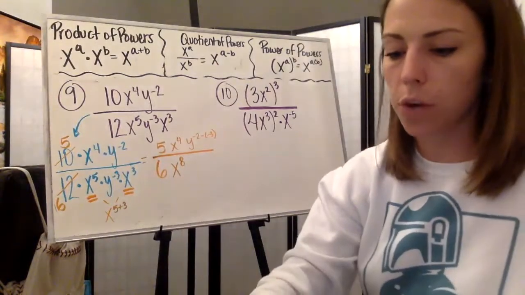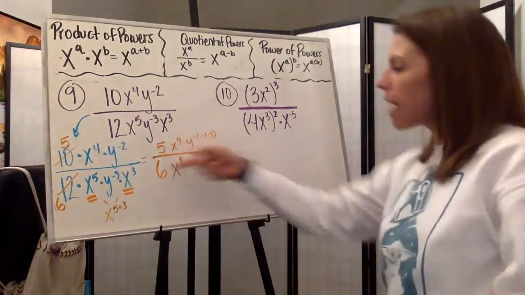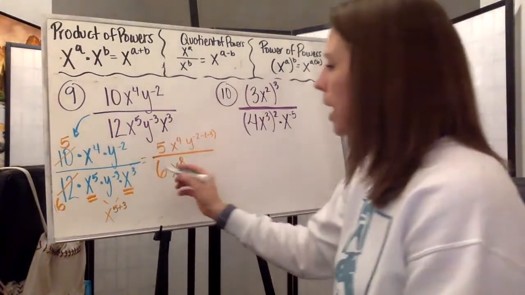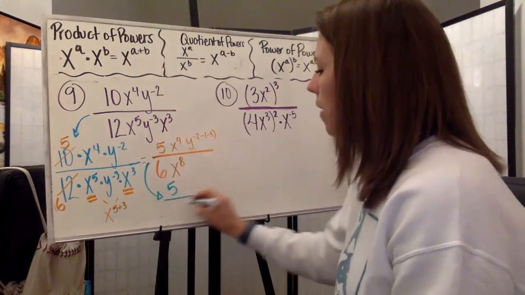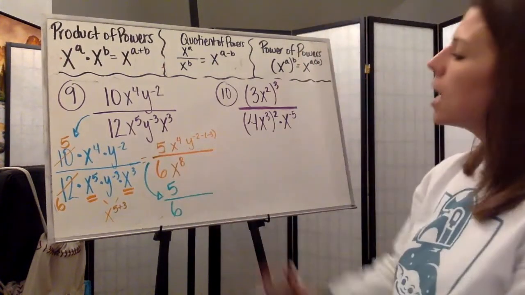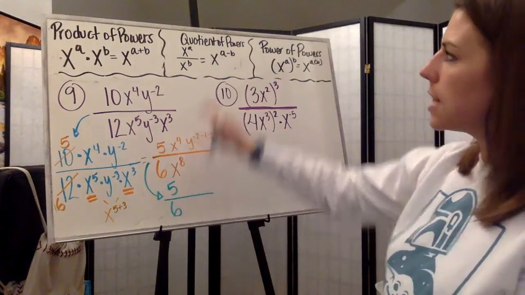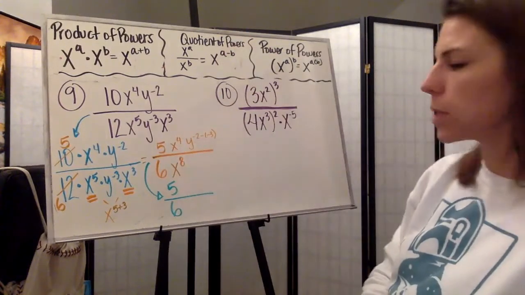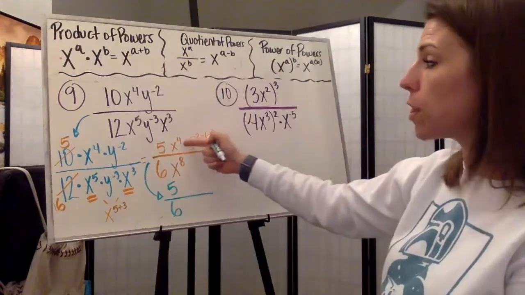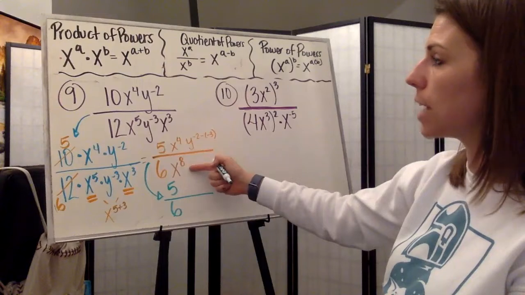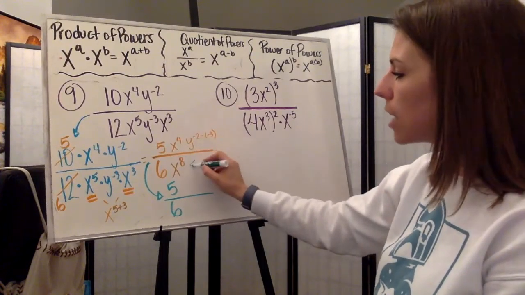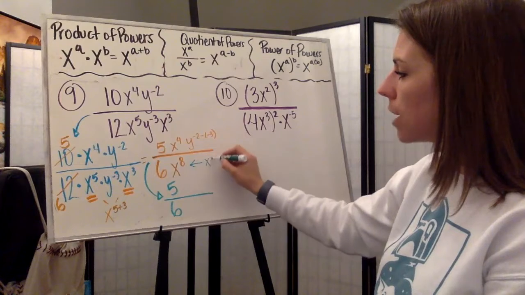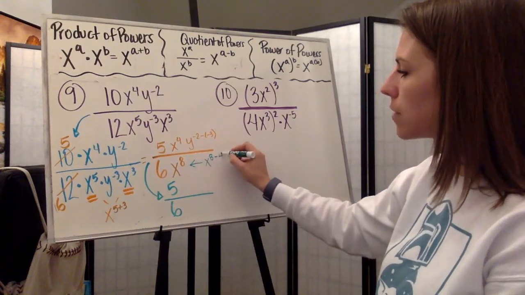Let's see, 5 and 6 are pretty much done though, right? I can't do anything else with those, so I'm just going to bring those along. I've still got 5 and I've still got 6. Then x to the fourth and x to the eighth. I'm pretty sure I can do quotient of powers with that. Are there more in the numerator or in the denominator? 8 is greater than 4, so in the denominator I'm going to be doing x to the 8 minus 4.